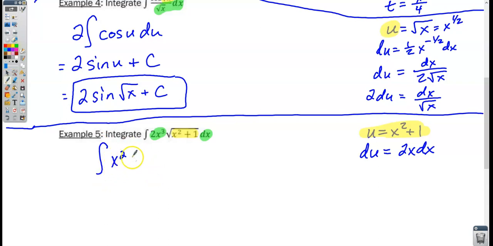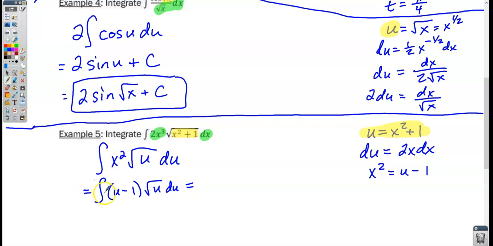I have an x squared left behind when I replace this with u and this with du. In order to finish this problem, I need to figure out what x squared is in terms of u. I go back to my original substitution and solve for x squared. So x squared is equal to the quantity u minus 1. And so I'm going to replace this with the quantity u minus 1.